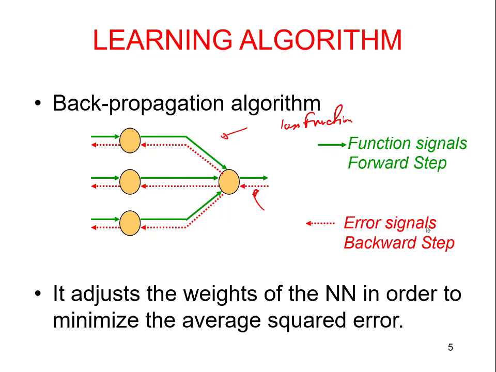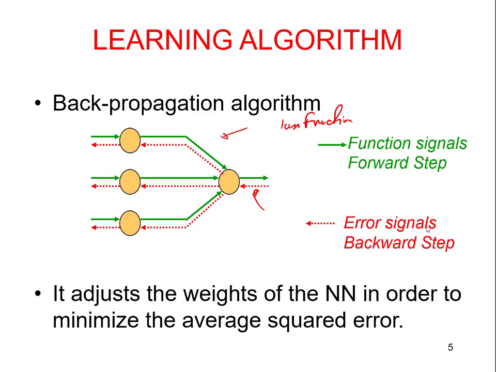So there are two kinds of signals. One is called the feed forwarding process, and the other is called the backward propagation of error. That error signal flows from the output layer to the input layer. From input layer to output layer it's called feed forwarding, and from output layer to input layer is called error signal flowing.